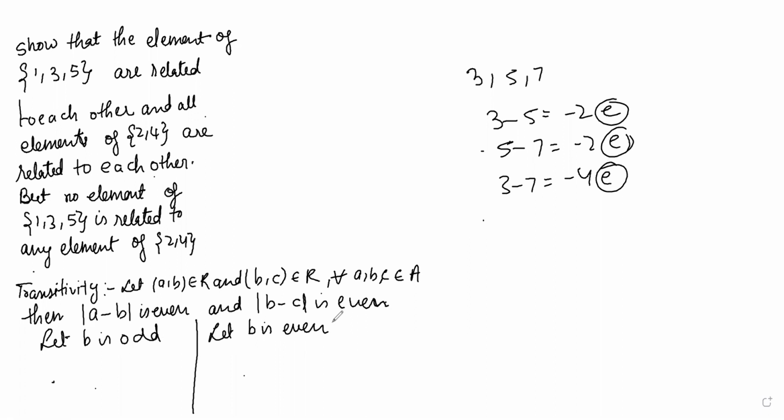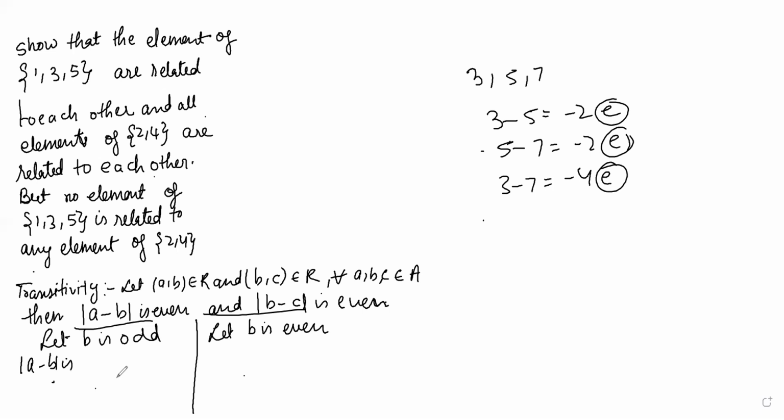Now, beta, for transitivity you already know that the first two conditions are satisfied, and with the help of these two conditions you have to show that the third is also satisfied. In that already satisfied situation, you have taken B as odd. So if B is odd, that means what, beta?